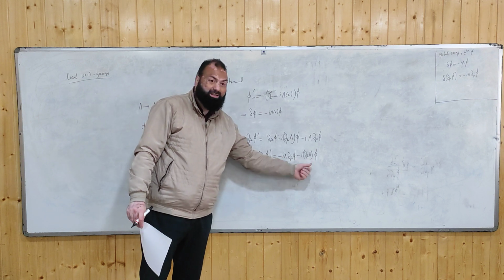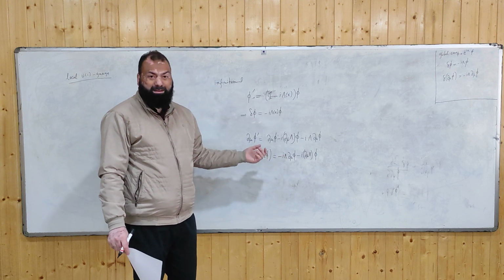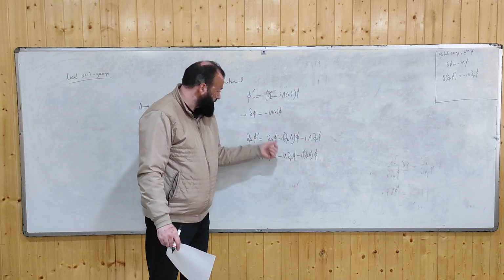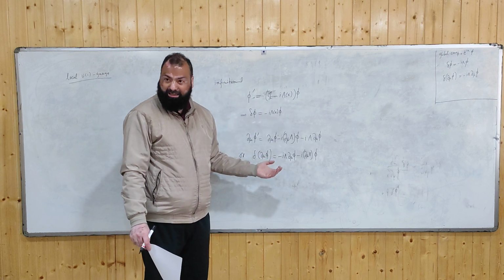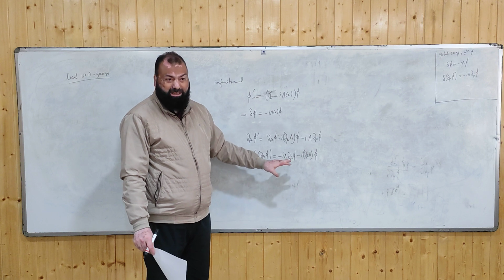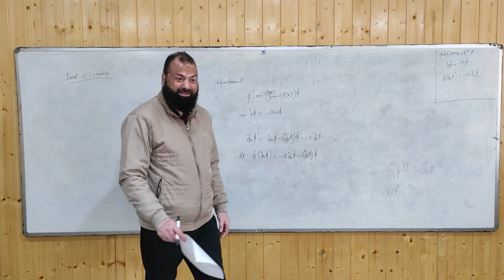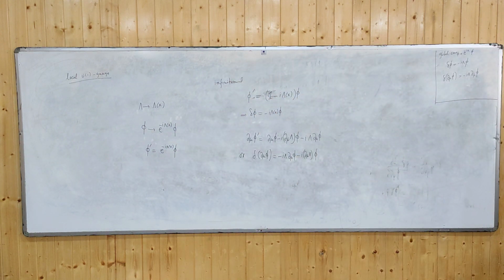You are having an additional term which depends on the derivative of lambda. If it transformed in the same way, this term would not be there, and you would just replace phi with this object, the rest you keep the same. Clear? Got it? So that means they are not transformed in the same way. What will happen now to the Lagrangian? It will not remain invariant. Okay, so let's check that.